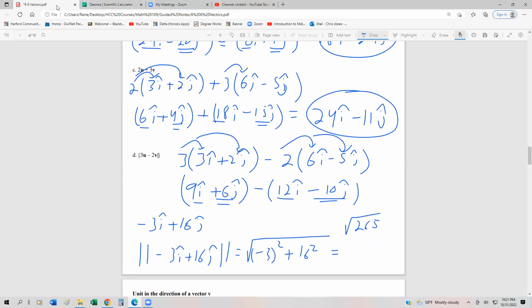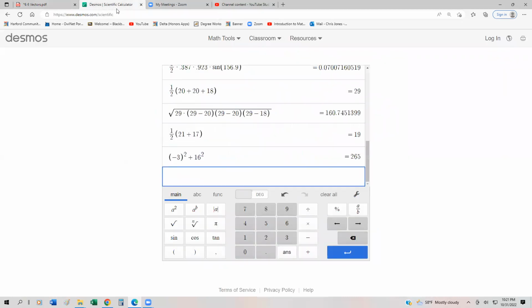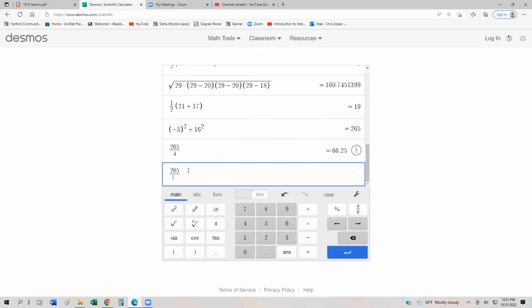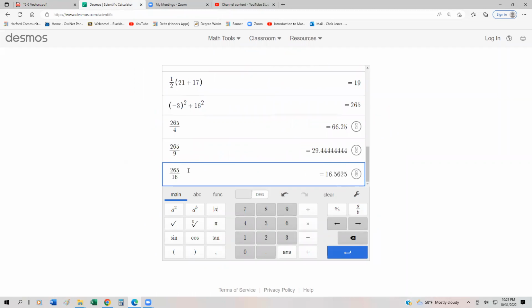And what we're going to do is let's divide by perfect squares. You might remember that trick that we looked at before. So 265 divided by 4. It's not a perfect square because this is not a factor. So I'm just going to keep dividing 265 by my perfect squares just to see if I have a factor of perfect squares. Okay, so 265 divided by 9, that doesn't work. 265 divided by 16, that doesn't work.